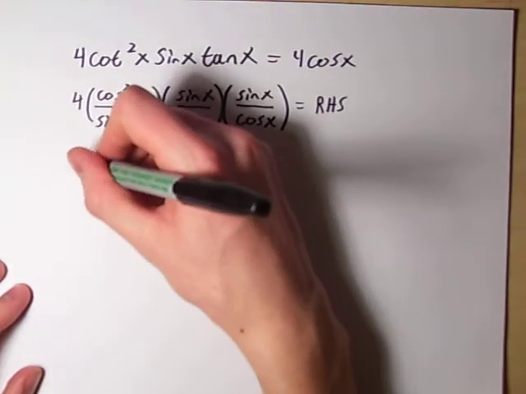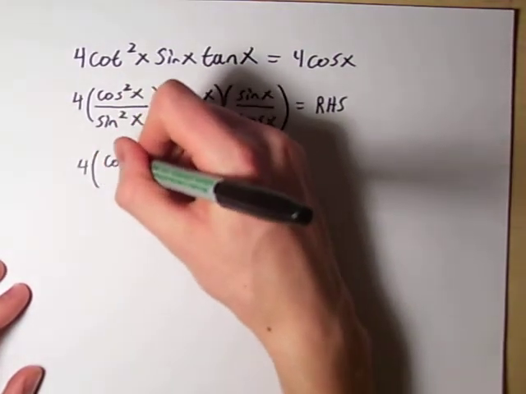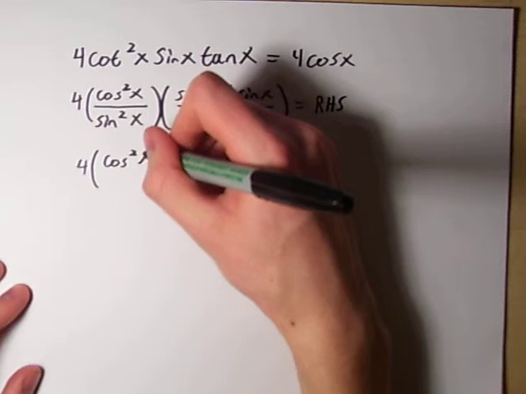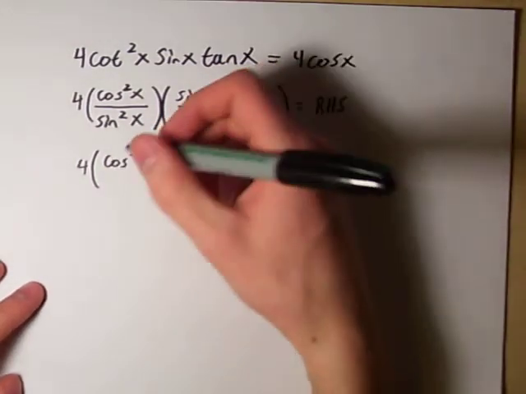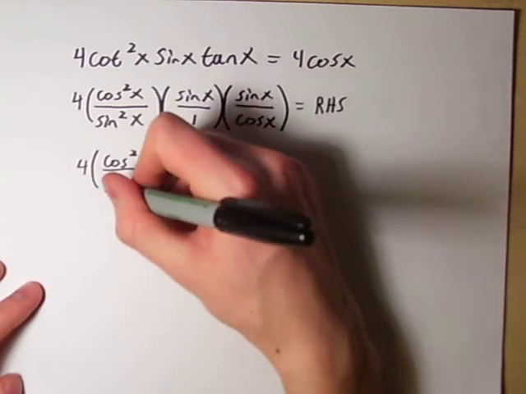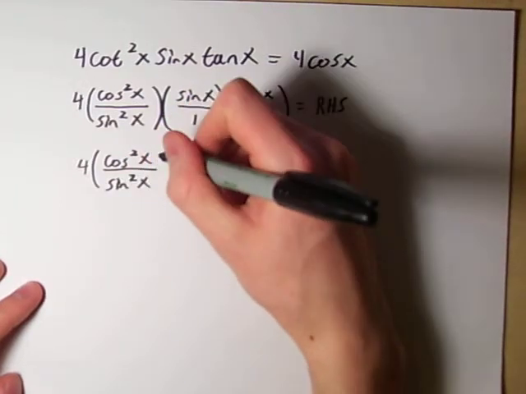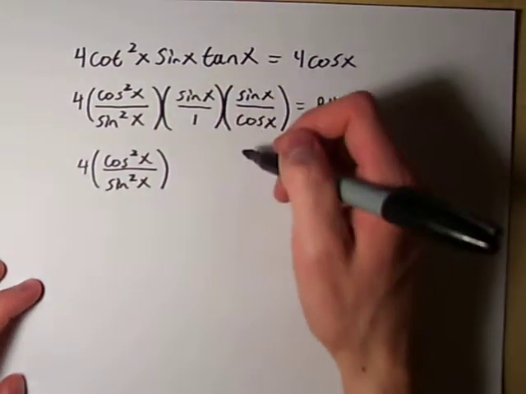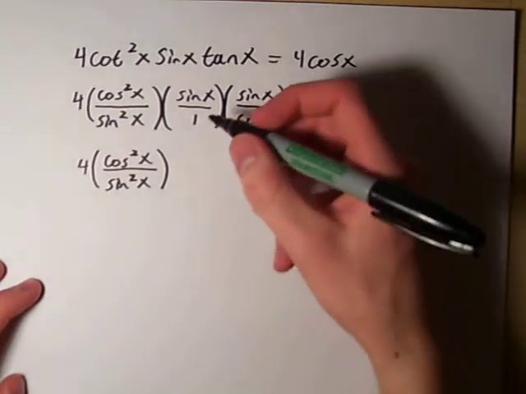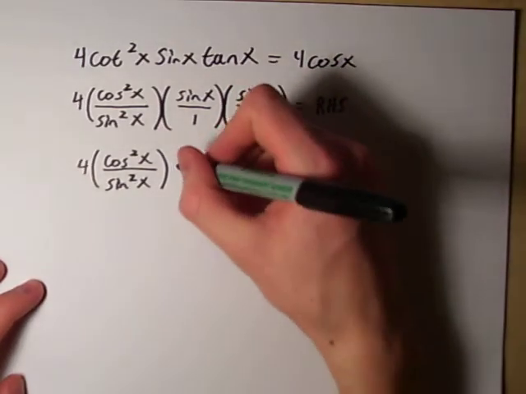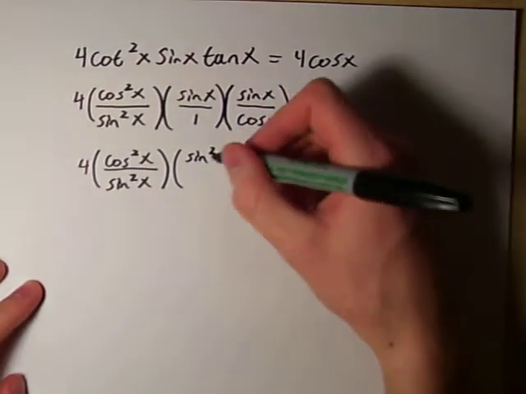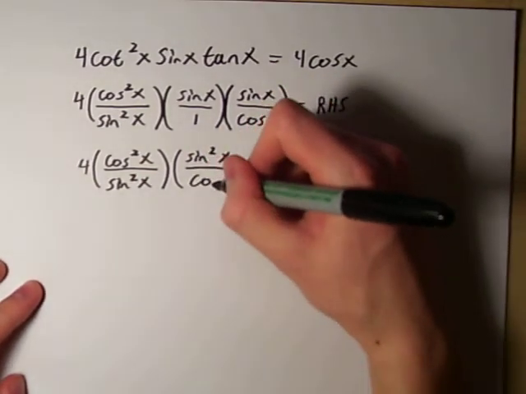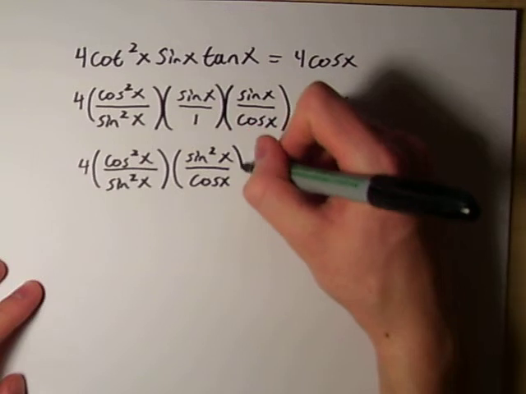So we can rewrite this as 4 cosine squared x divided by sine squared x. You don't have to do this. You can go right to simplifying it further if you want. This is just kind of an extra step to really illustrate the point. Multiplied by sine squared x over cosine x.